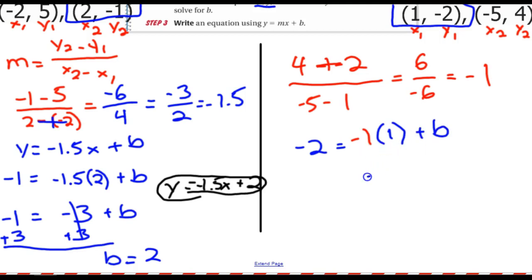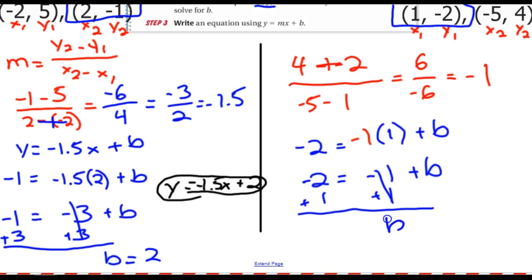Negative 1 times 1 is negative 1 equals negative 2 plus b. We're going to add 1 to both sides, and we get b equals negative 2 plus 1, which is negative 1. So our equation then is going to be y equals, we said that m was negative 1, so negative 1 x minus 1, because negative 1 is also our b.